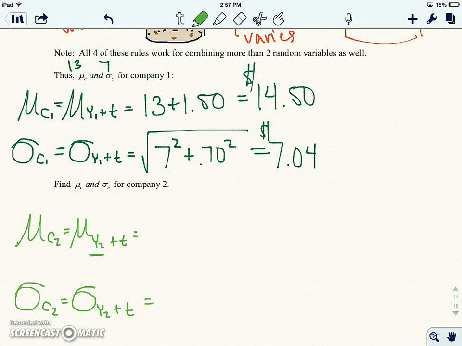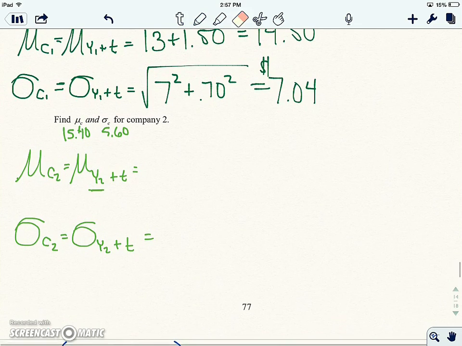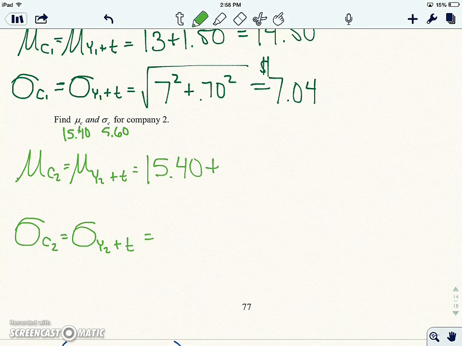For company 2, the average cost of a ride was $15.40 with a standard deviation of $5.60. So if we want to find the total cost, including the tip, we would take the average cost of company 2's ride plus the average cost of a tip, which is $1.50.